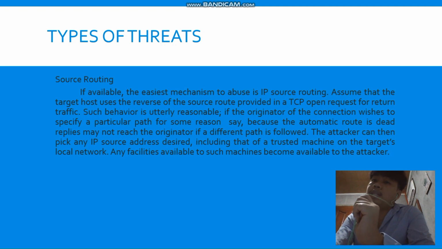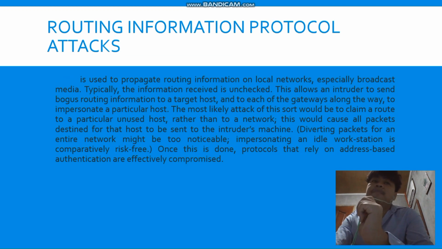Say, because the automatic route is dead, replies may not reach the originator if a different path is followed. The attacker can then pick any IP source address desired, including that of a trusted machine on the target's local network. Any facilities available to such machines become available to the attackers.